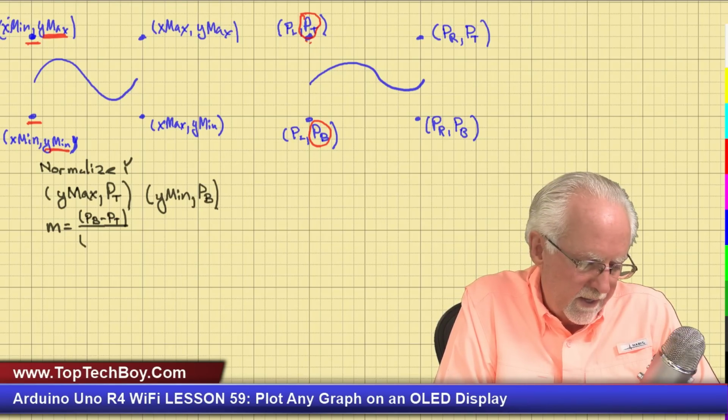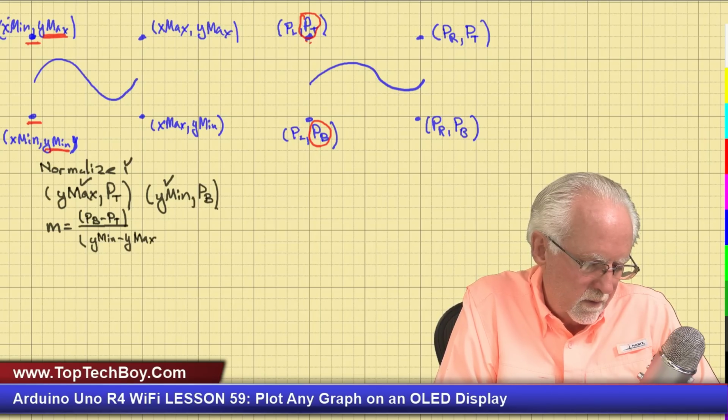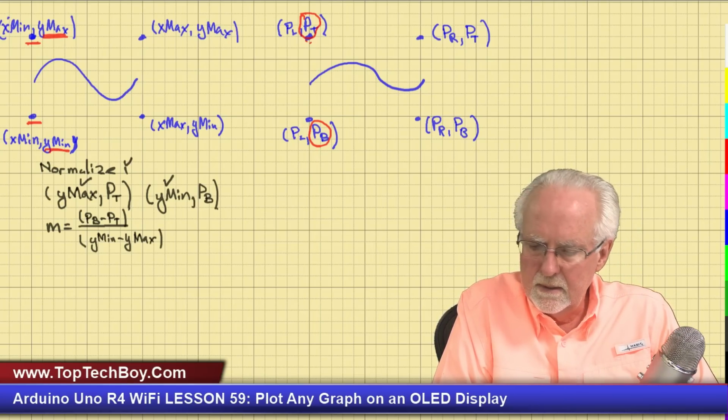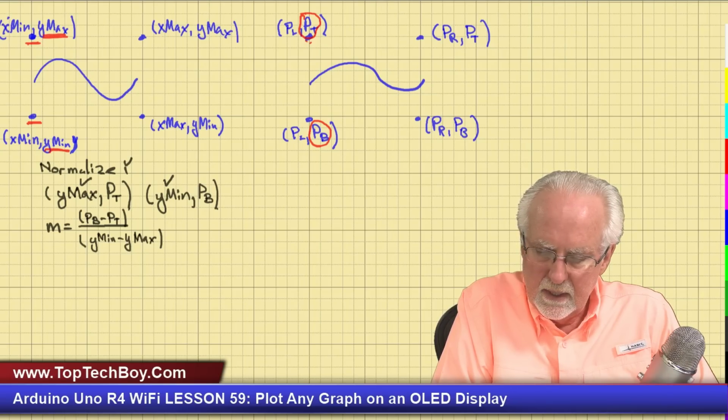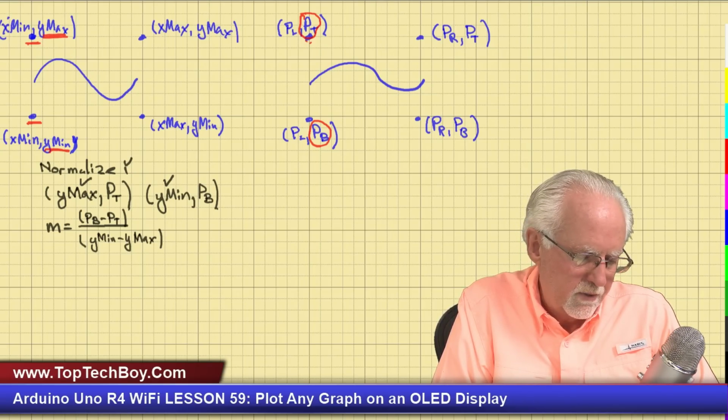So what would the x values be? Here and here. So that would be y min minus y max. Does that make sense? I really hope that makes sense. It would be pb minus pt over y min minus y max.